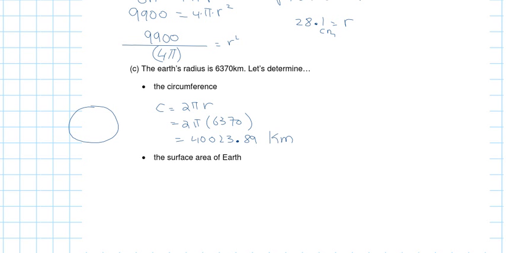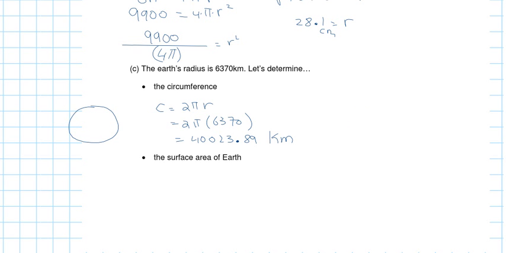So you have to multiply by 1,000, because this is in kilometers. If 1 kilometer is 1,000 meters, 40,023 kilometers, you're going to have to multiply that by 1,000. So that's 40 million 23,890 meters. Okay, let's keep it in kilometer.